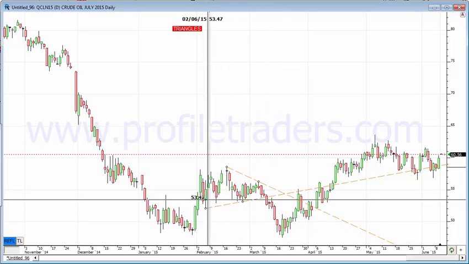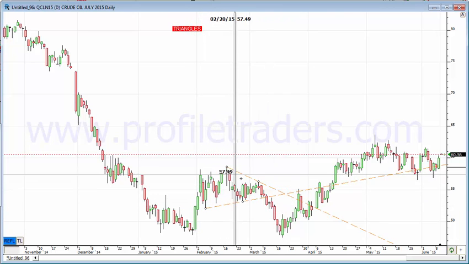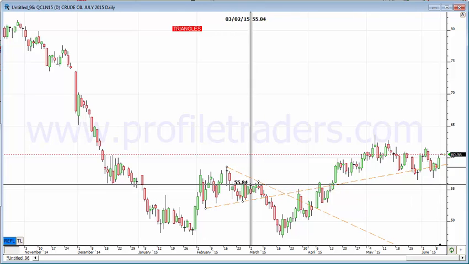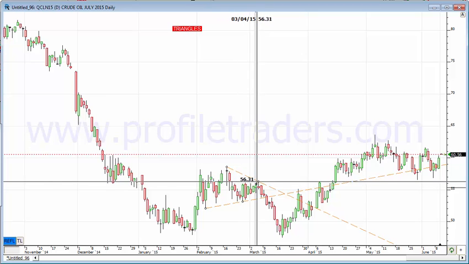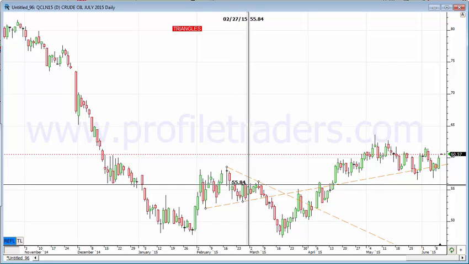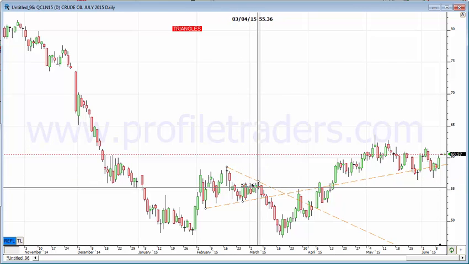Why? Because after several days of undecided action, when we tried to actually exit up here, out of this consolidation's top, we failed and closed down.